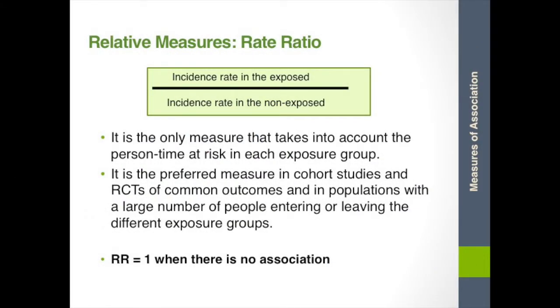The rate ratio compares the incidence rate of an outcome in the exposed group compared to the non-exposed group. Because the rate ratio compares rates, it's the only measure that takes into account the person-time at risk in each exposure group. It's the preferred measure in cohort studies and clinical trials of common outcomes and in populations with a large number of people entering or leaving the study groups.